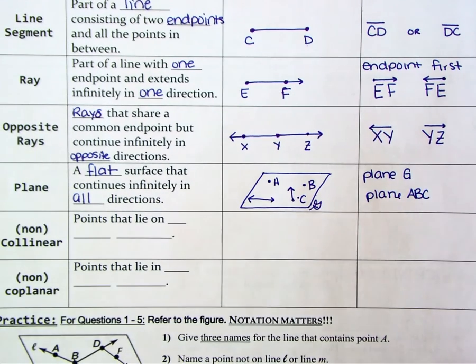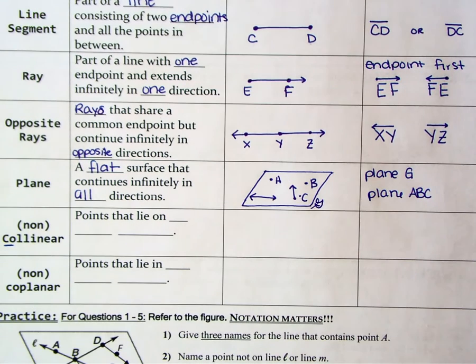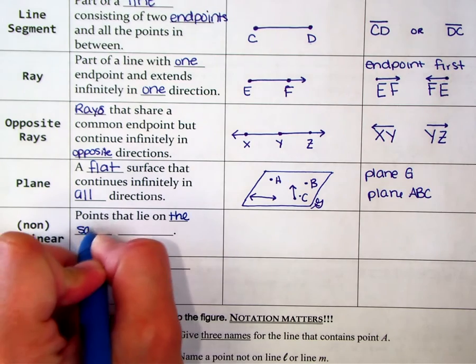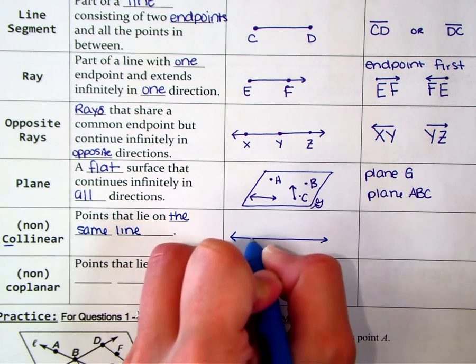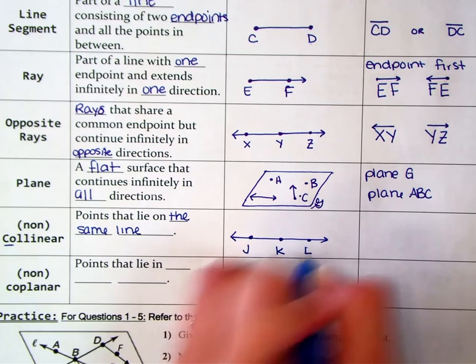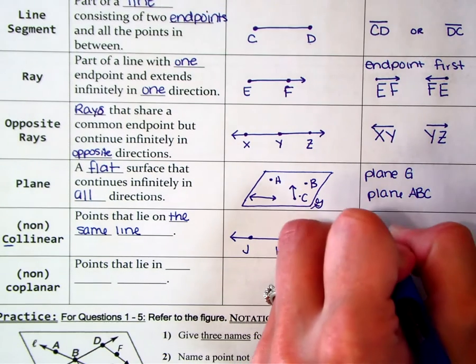Last 2 vocabulary words, we've got collinear and non-collinear. So collinear, co means together. Those would be points that lie on the same line. So if we have a line, we would say that J, K, and L are collinear.